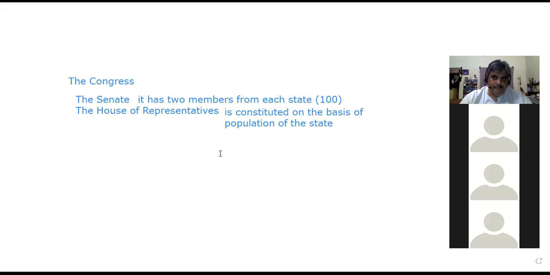So if you look at either California or Delaware, both of them send 2 members to the Senate.